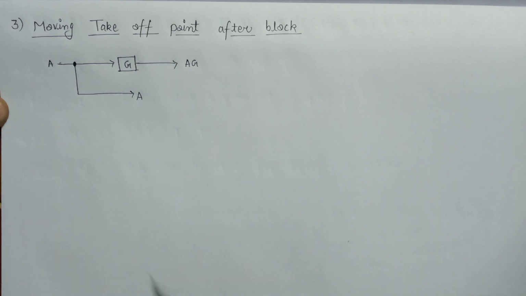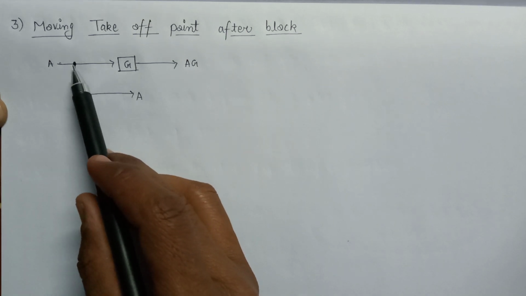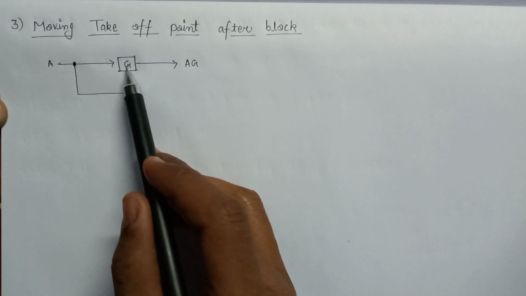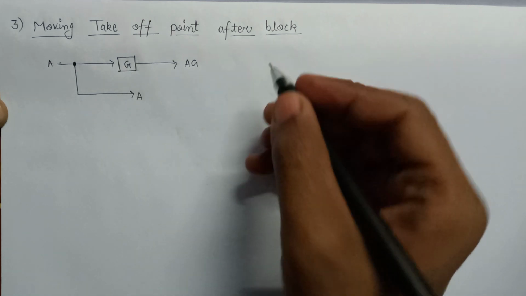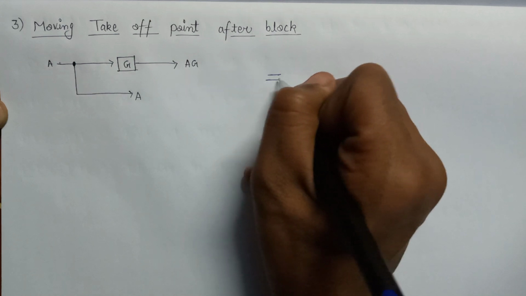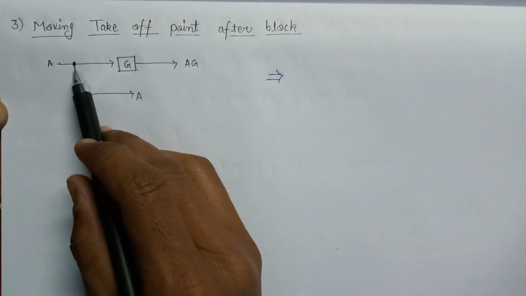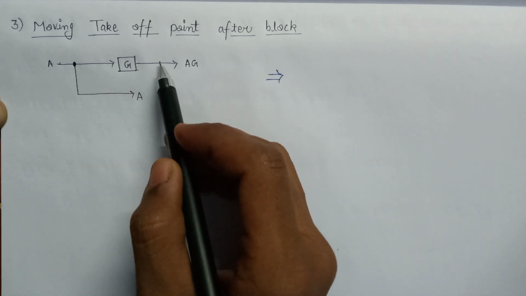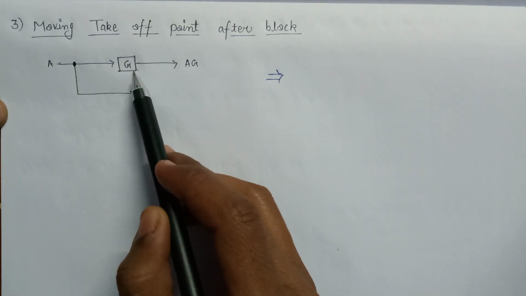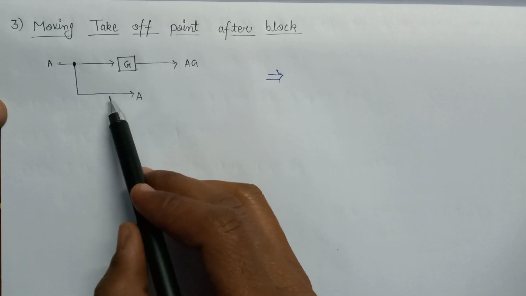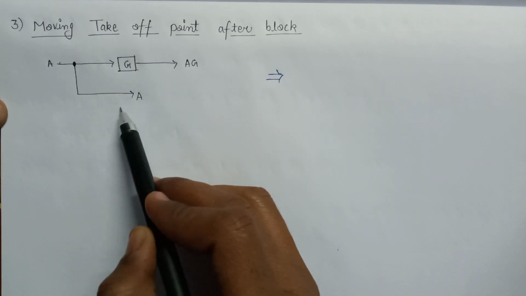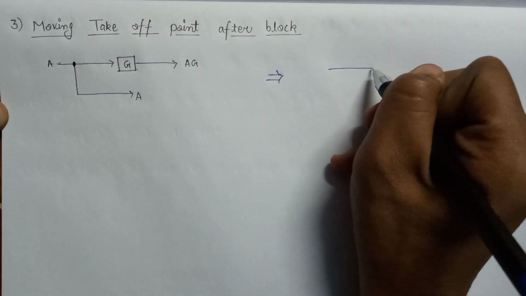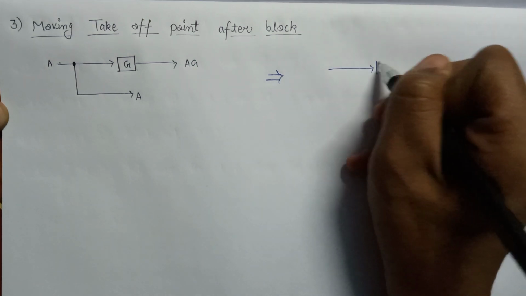Now if we want to shift this takeoff point after this block having the gain G, then what will happen? So according to rule number 3, if we want to shift this takeoff point after the block, then the gain, that is G, will be divided and added inside this branch. So it will look like this.